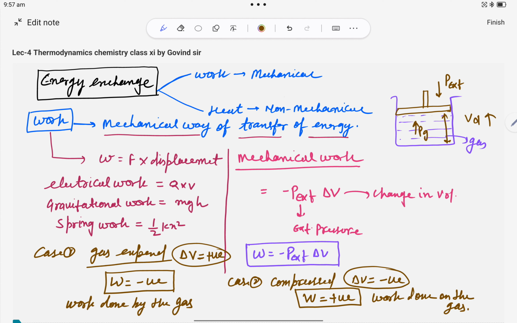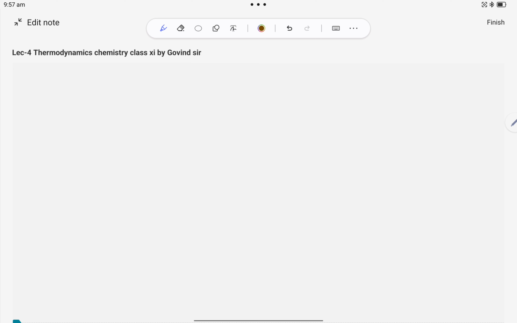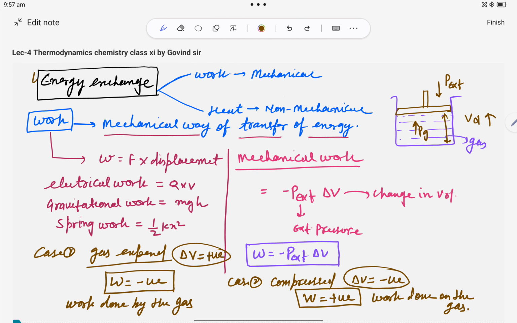Let's talk about the derivation of this. What formula did we discuss?